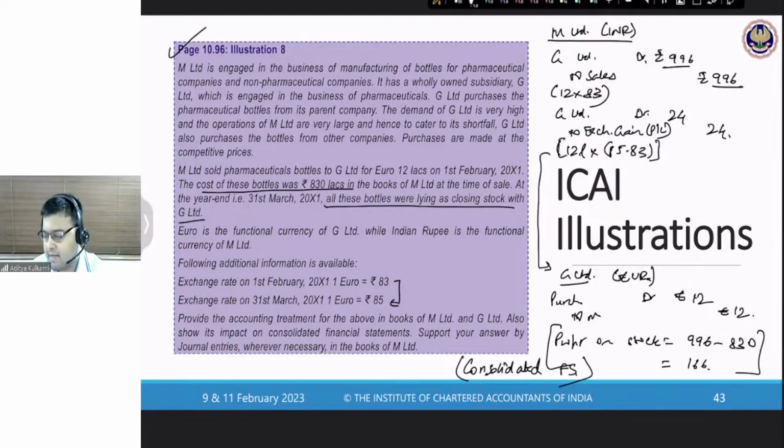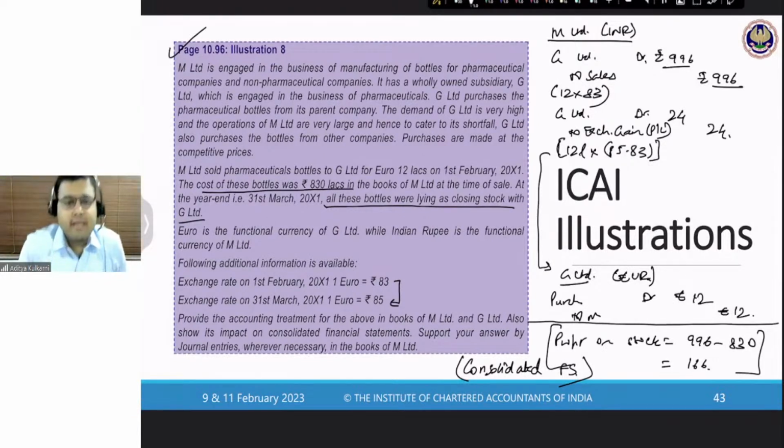In standalone, it is over up till here. The elimination is in the CFS. All right, fine.